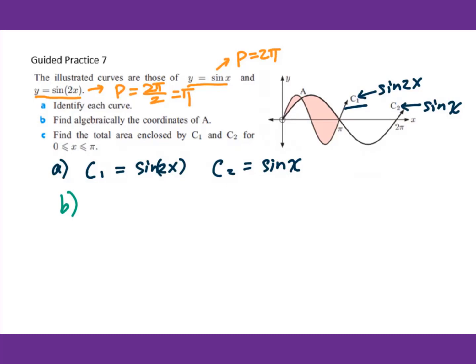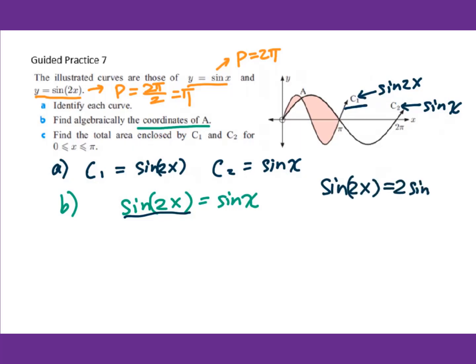B, find algebraically the coordinates of A. We will set up sin 2x equals sin x. We have the double angle formula. Sin 2x equals 2 sin x cosine x. Therefore, I will get 2 sin x cosine x minus sin x, and set it equal to 0.